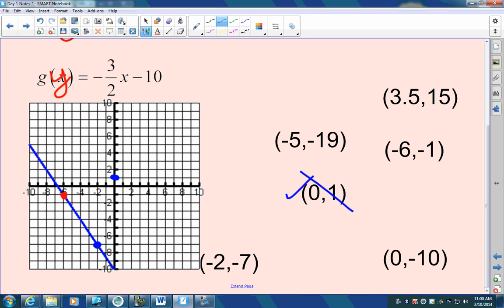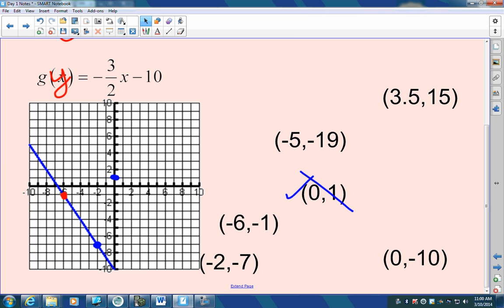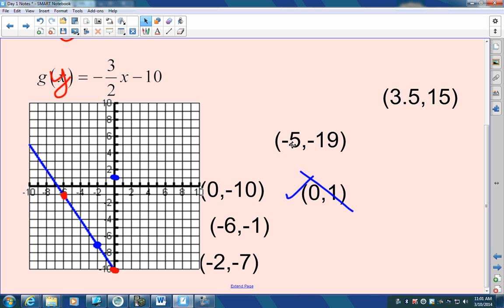That one is. (0, -10)? Yep, it's down there. What about (-5, -19)? That one's not. Now, (3.5, 15). If I go over here to 3.5 and up to 15, no, that's way up there. That's not. These three would be.